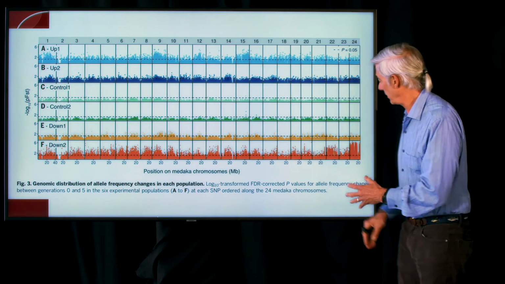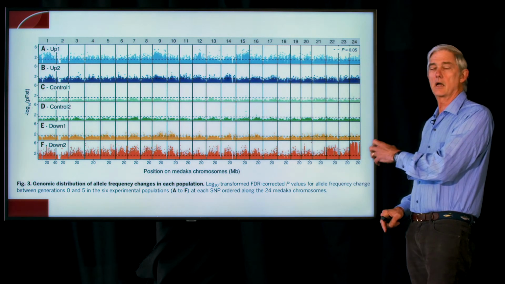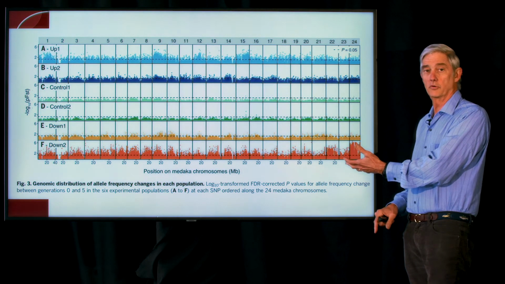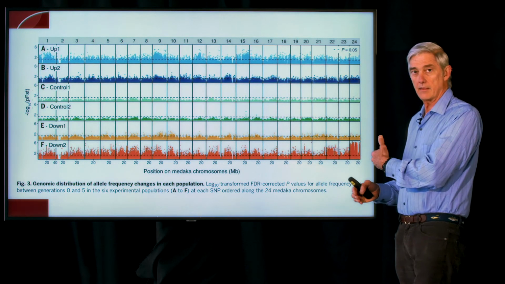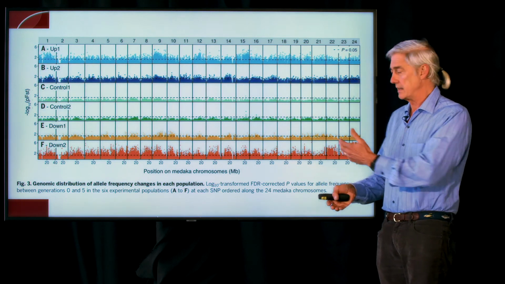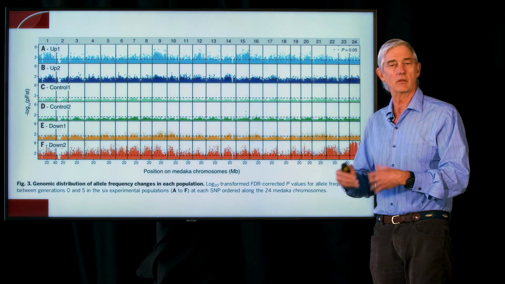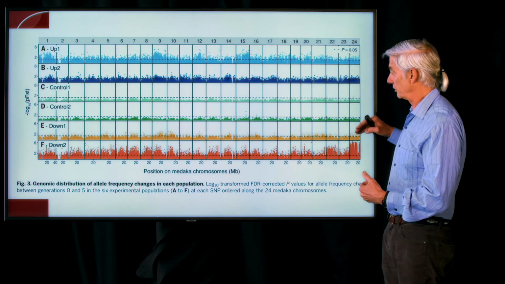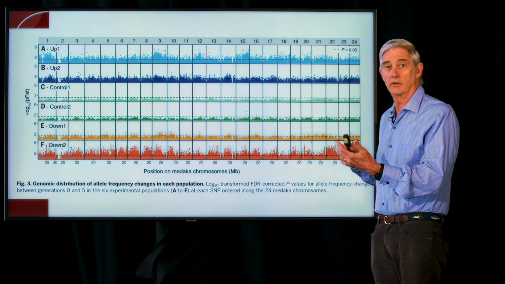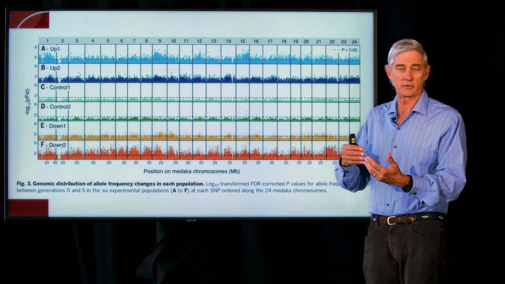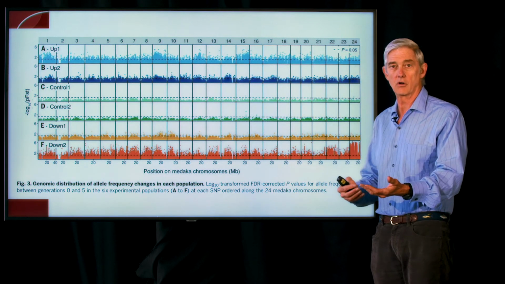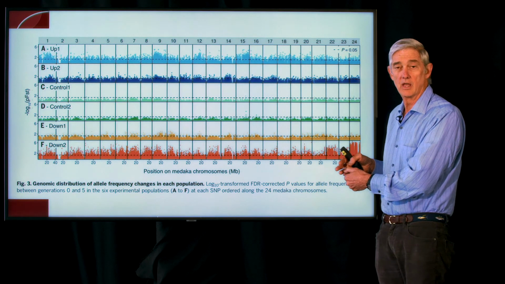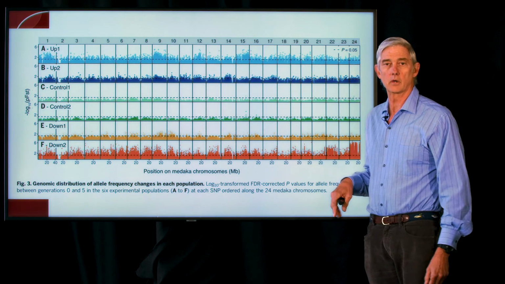What it looks like is that this particular line had a couple of copies of this southern chromosomal segment, and that they were highly selected for in this down line, meaning that they very quickly took over the genetics of that population. So it serves as experimental evidence that these supergenes, when they're passed on all at the same time, can have a strong role in adaptation and can quickly change in populations as selection is working on them.